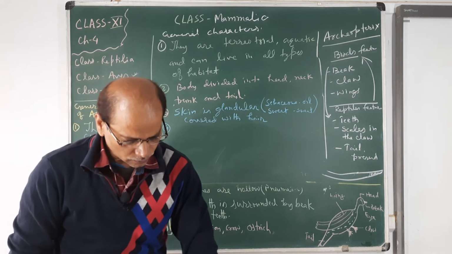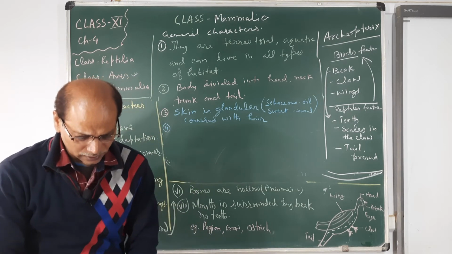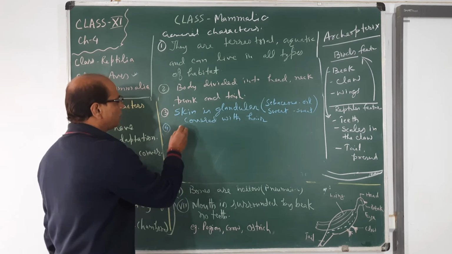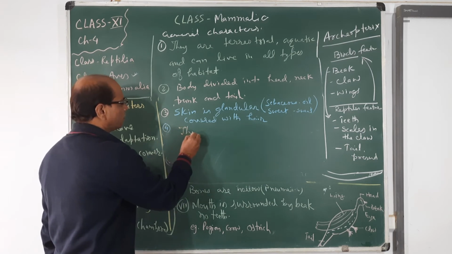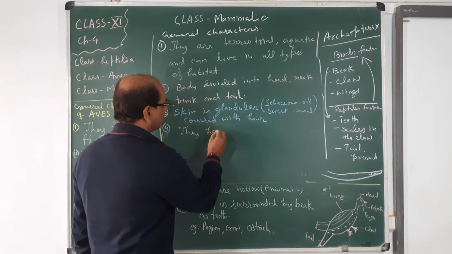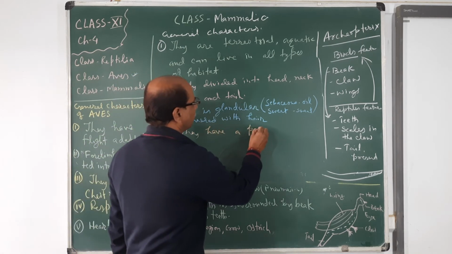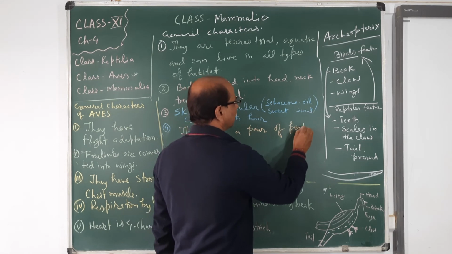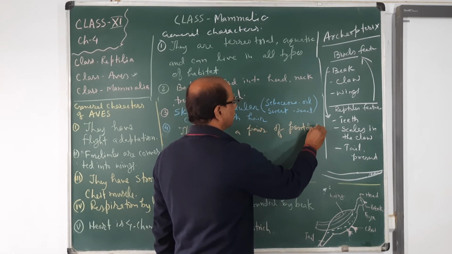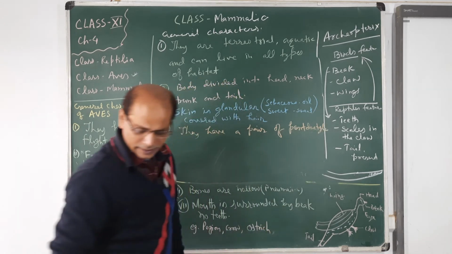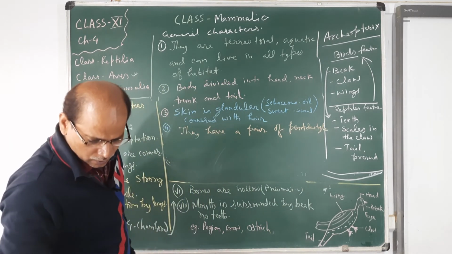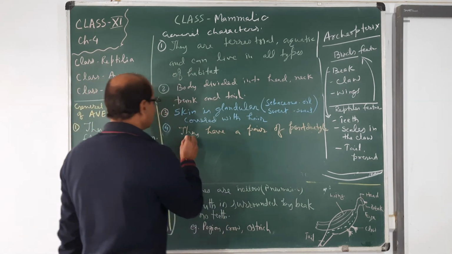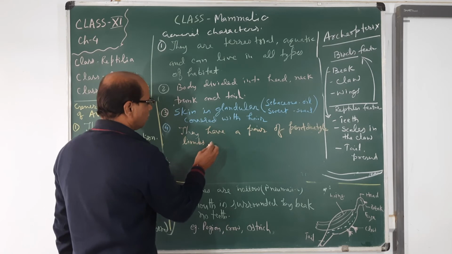Now they have a pair of pentadactyl limbs, means 2 limbs, 4 limbs. They are adapted for various purposes.